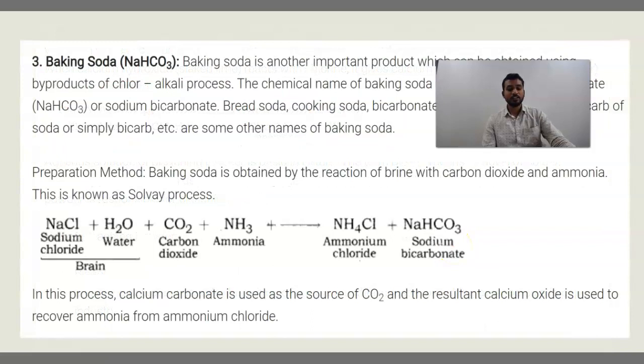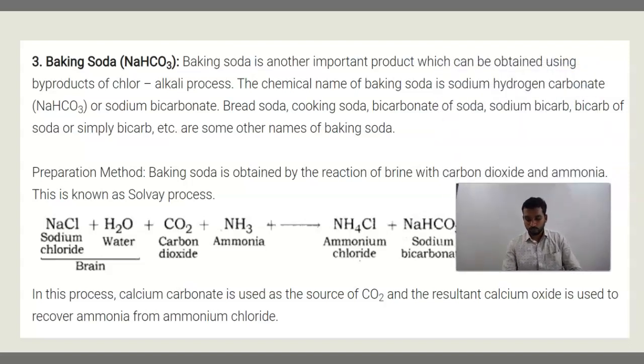Next, baking soda. Baking soda is sodium hydrogen carbonate. Baking soda is another important product which can be obtained using byproducts of the chlor-alkali process. From the chlor-alkali process, we got the byproducts present at the anode and cathode. By using those, we make baking soda.